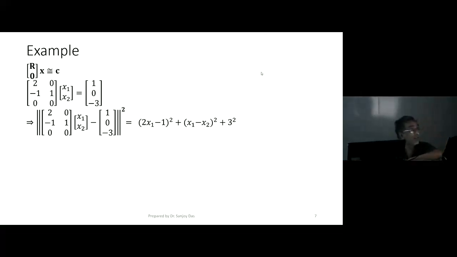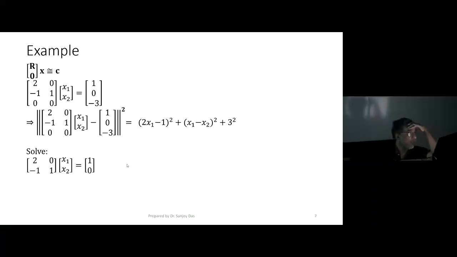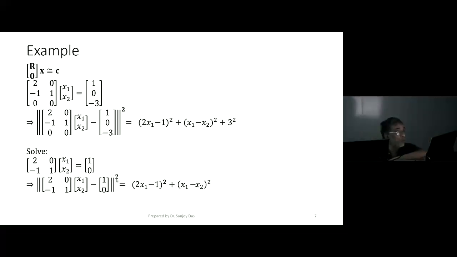Now let's look at what we would do in reduced QR decomposition. Instead of R0, we would just get R. So this is what we would solve. Let's look at the min norm solution. I take the norm of the left-hand side minus right-hand side and square it. I get (2x1 minus 1) squared, and that's from the first row multiplied by x1, x2.